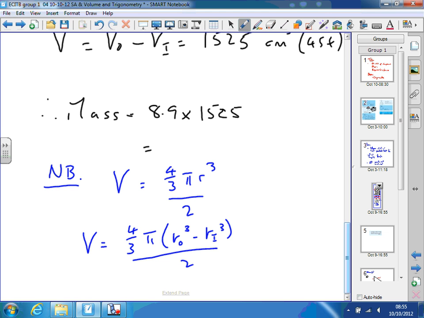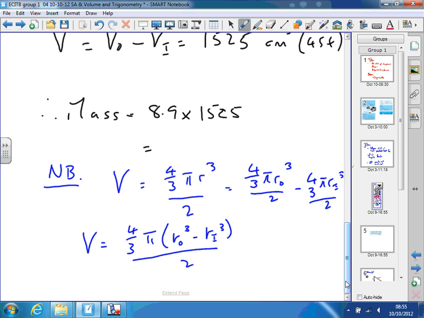I could have done it in one hit on the calculator like that, because V out minus V in equals 4/3 pi r out cubed over 2 minus 4/3 pi r inner cubed over 2.